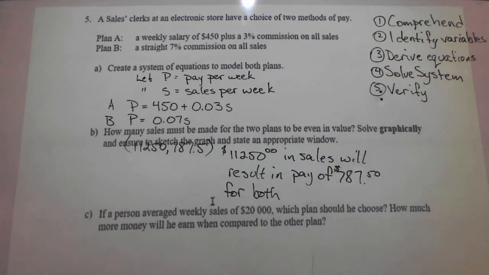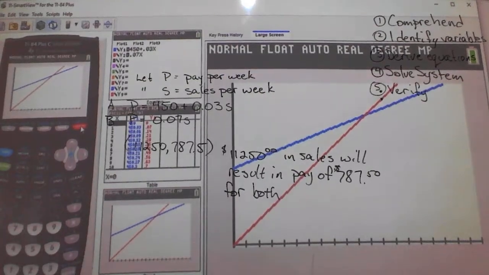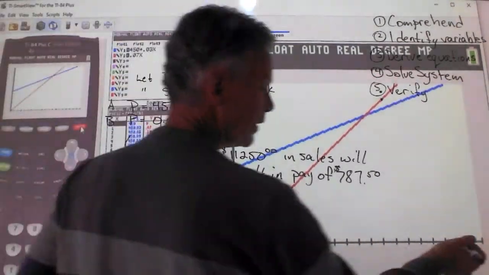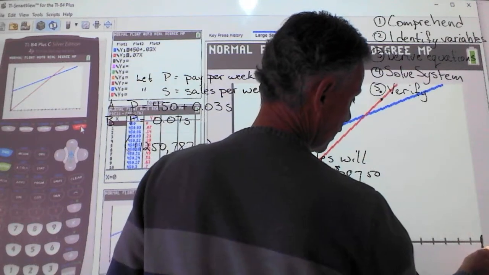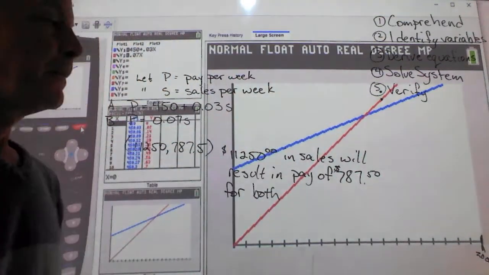If a person averaged weekly sales of $20,000, which plan should he choose? Now, go back to your graph. So it says, there we go. It says, if you sold $20,000, which remember is right here, which plan would be better?